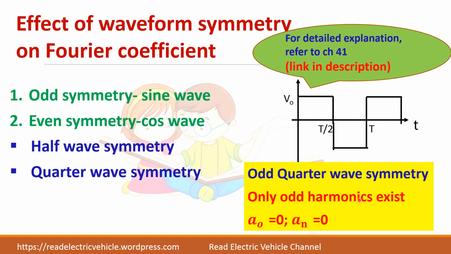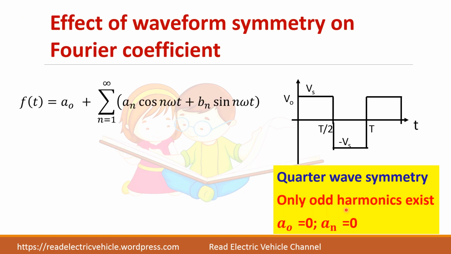So only odd harmonics exist and the an and a naught terms become 0. We have to eliminate the a naught and an terms because the waveform exhibits odd quarter wave symmetry. So f of t is equal to bn sine omega t.